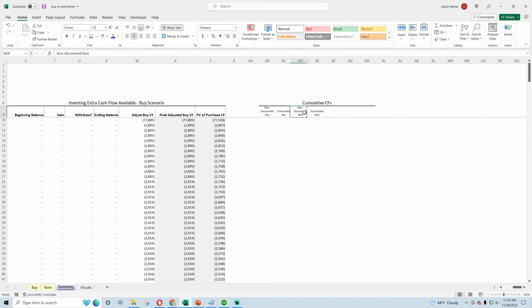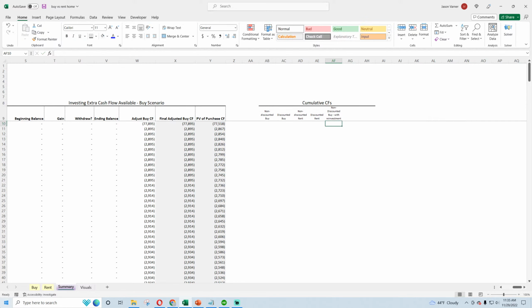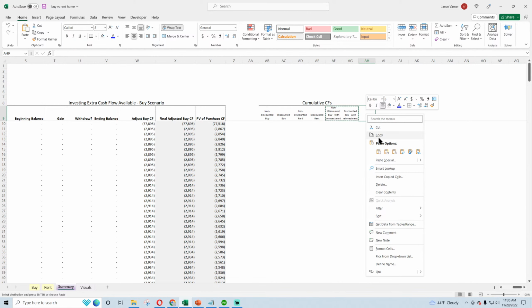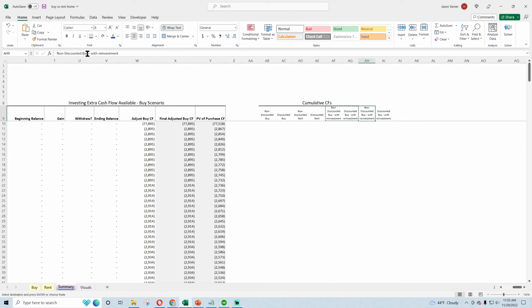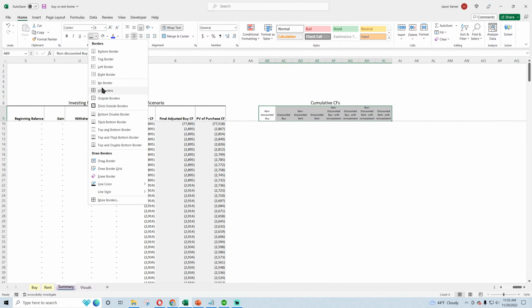Non-discounted buy, discounted, non-discounted rent, non-discounted buy with reinvestment, discounted buy with reinvestment, and then same thing but for rent. Okay, so there's that. We then just reference the calculations but add them up.